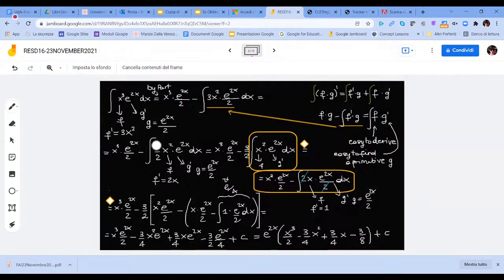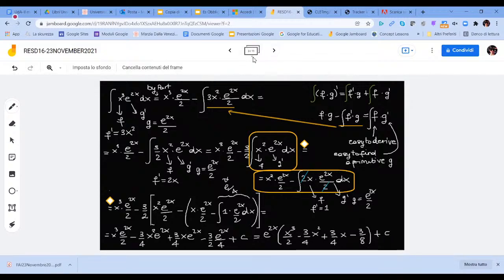As we computed, we considered the exponential function easy to integrate, so easy to find a primitive, and the function x cubed easy to differentiate. We performed the computation twice, and we ended up with many integrals, but in the last integral there was only the exponential function, so it was easy to integrate.